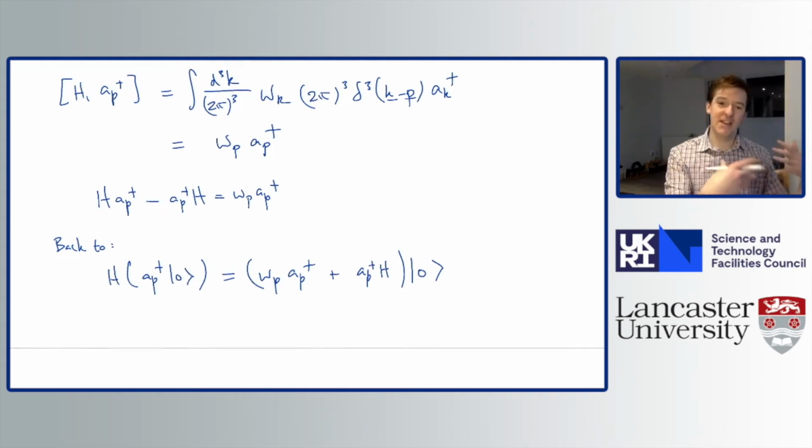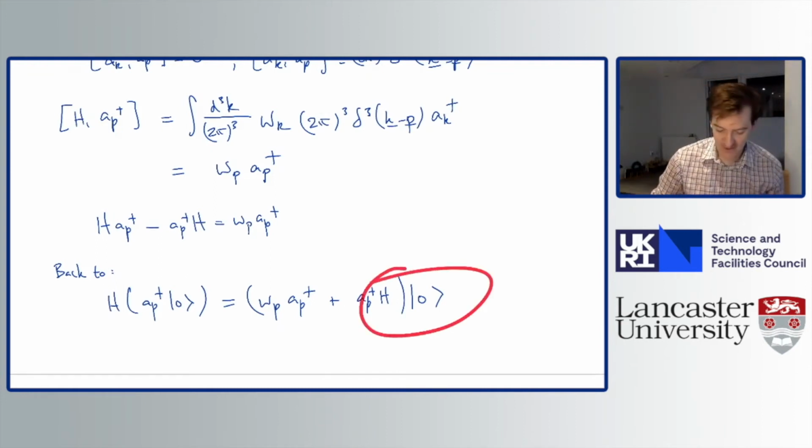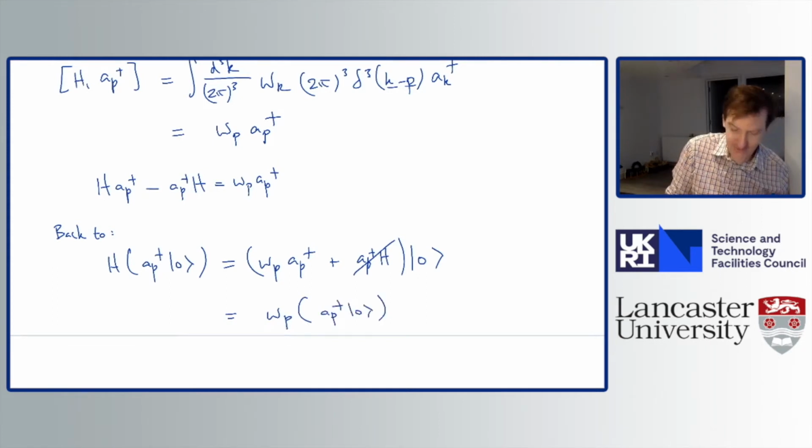This is the vacuum state. And at least, I should say, by definition, it happens in this case because we've set this infinite energy term to 0 through this normal ordering process, right? So because of this normal ordering process, this term is 0. So we are simply left with omega P, A_P dagger 0.